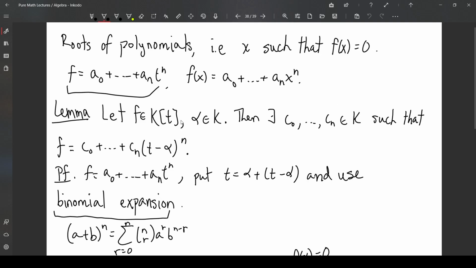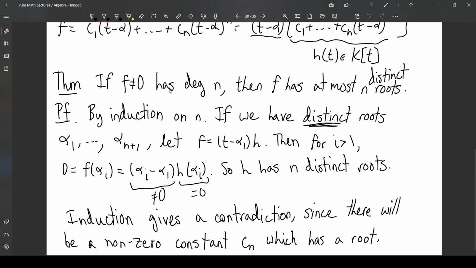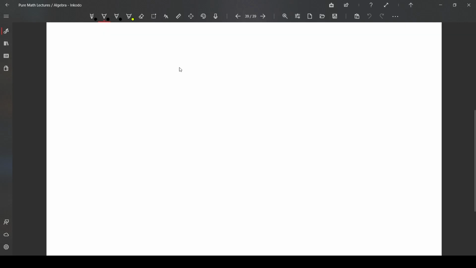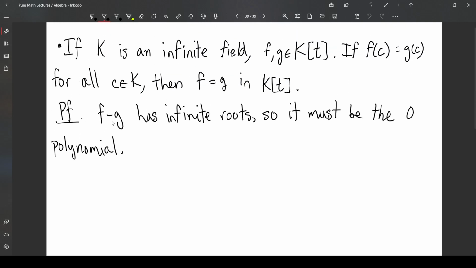Because we've just stated that if we have a finite dimensional polynomial which is non-zero, then it has finitely many roots. But here, if I plug in any value c in K, which I have infinitely many values, I get 0, because I get f(c) minus g(c), which is 0. So I have infinitely many roots, which means that f minus g is 0.